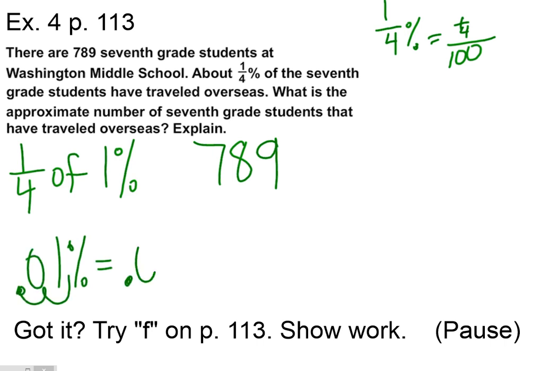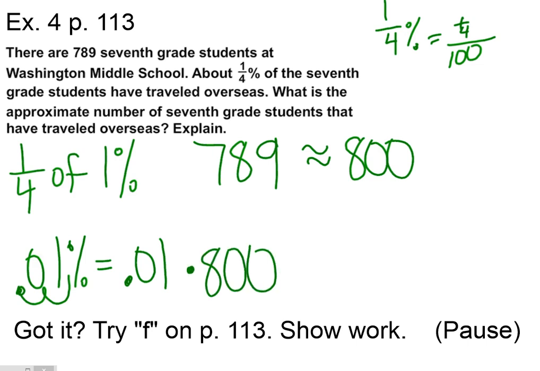So it's 0.01. Now, since we're estimating, let's change 789 to about 800 students, just to round it to the nearest 100 and make it easy for us. If we know 1% of 800, 1 times 800 is 800. Move the decimal 2 places to the left and you get 8. 1% of 800 is 8.